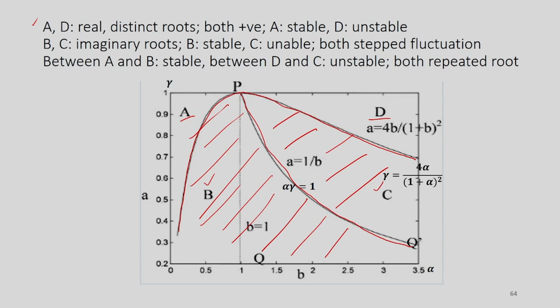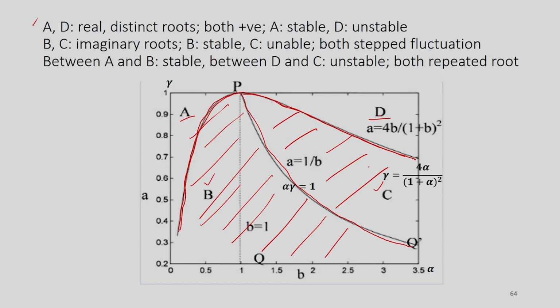So, this and this, right, both of them are below the alpha multiplied by gamma is equal to 1 line. Between D and C, you have unstable cases. So, this line is unstable, but repeated roots, and here between A and B, this line, you have stable. Okay. So, that basically sums it up.